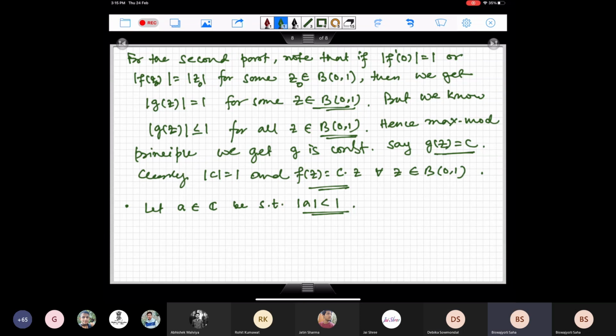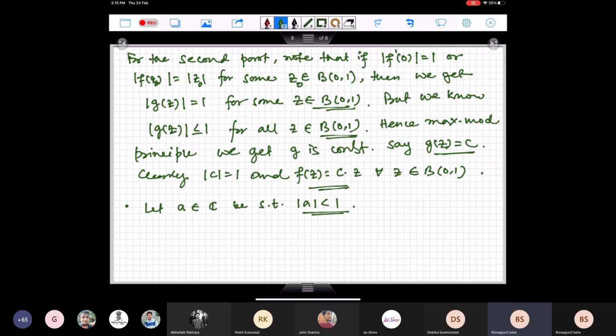I said previously that I would like my unit ball to go to the unit ball, but z minus a is kind of giving a translation, right? So the unit ball no longer gets mapped to the unit ball, correct? Yes. Under the map z going to z minus a, the unit ball does not get mapped to the unit ball. It gets translated a little bit.